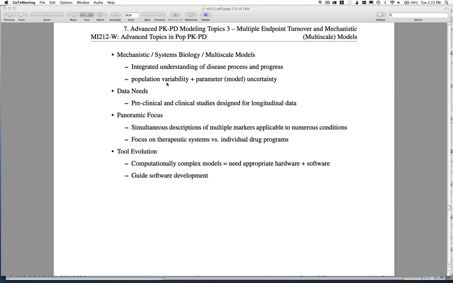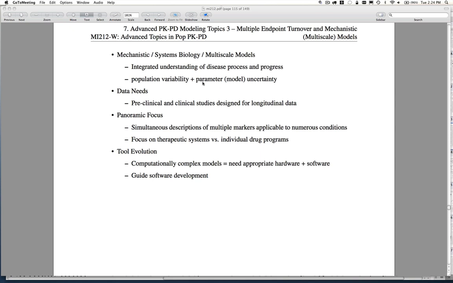Now, one thing that a lot of these models are evolving into and don't necessarily have right now, and the example that we'll look at today is a case in point, is that these models are so complicated that it's often very difficult to incorporate the correct degrees of population variability as well as model uncertainty, parameter uncertainty.